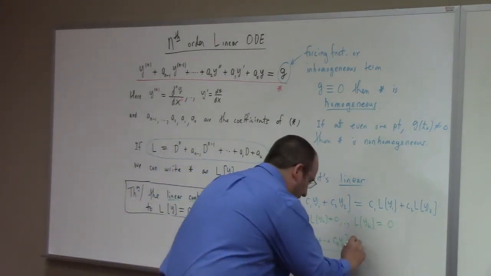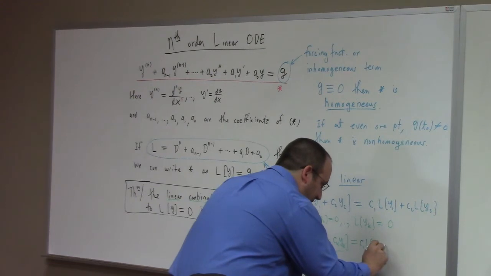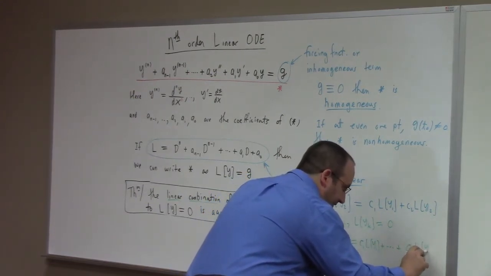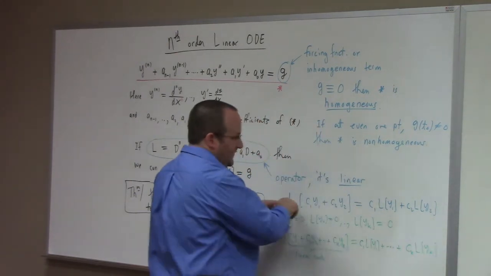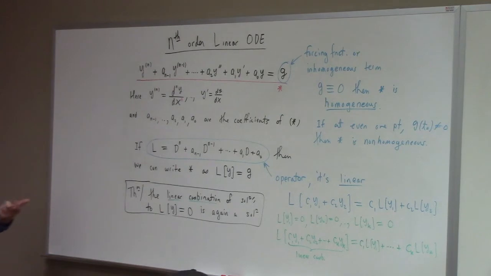You can pull the C1 out, you get L of y1, I'll skip the second one if you don't mind, plus dot dot dot plus CK L of YK. I defined linear operator in terms of having linearity of two things, but if you have it for two things, you can easily prove that it extends to n things or k things by induction if you like, but I'll just claim it because you guys believe me, right? It's not surprising.